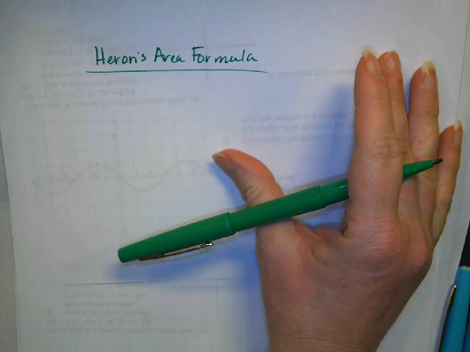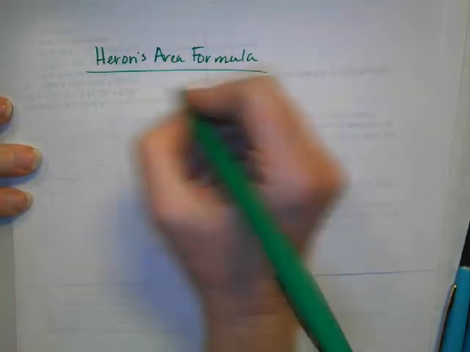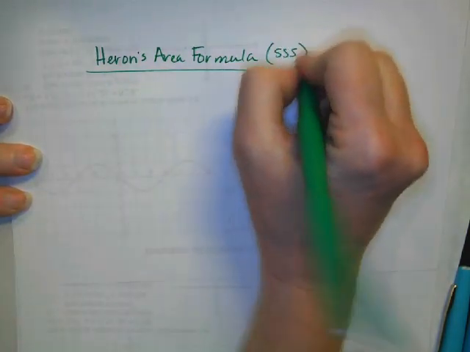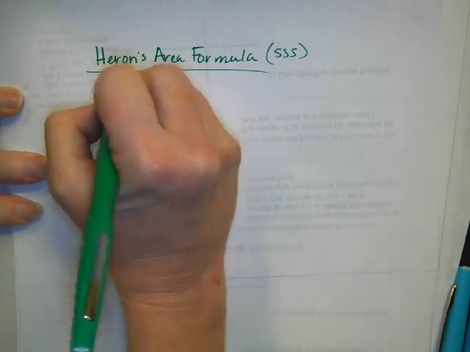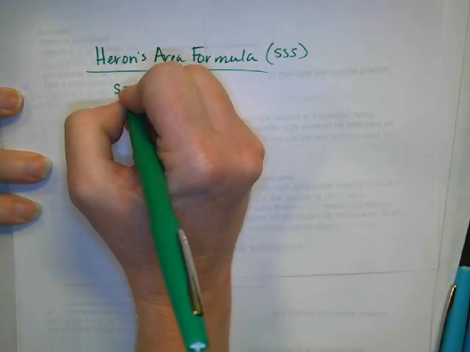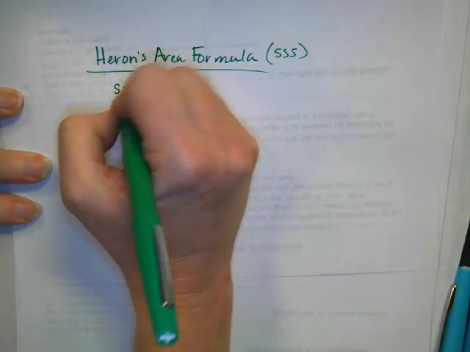This formula you can use if you have all three sides. So this is for a side-side-side triangle. Yeah, if you want to find area of the type of triangles that we were just doing.